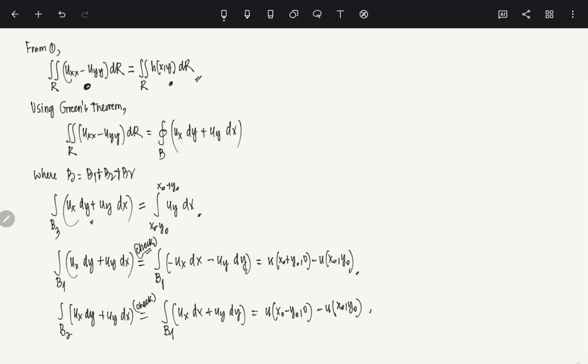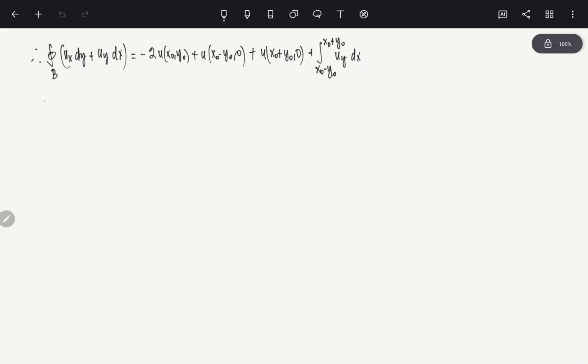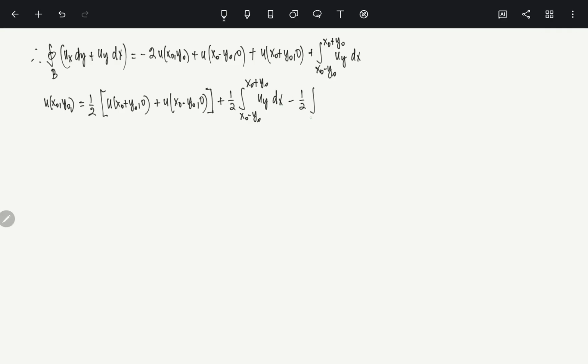So if you combine everything together, what you get is u of x naught y naught equals half u of x naught plus y naught at the point 0 plus u of x naught minus y naught at 0, plus half the integral from x naught minus y naught to x naught plus y naught of uy dx, minus half double integral over r h of xy dr. Is it okay?